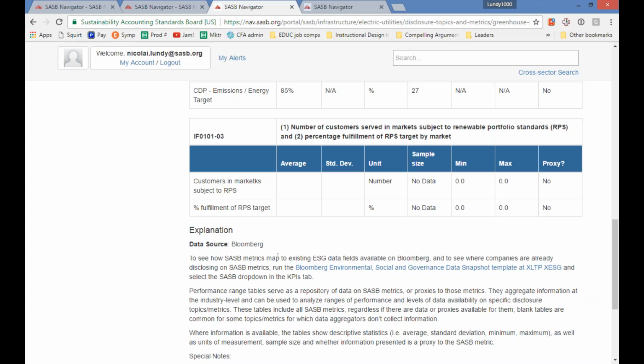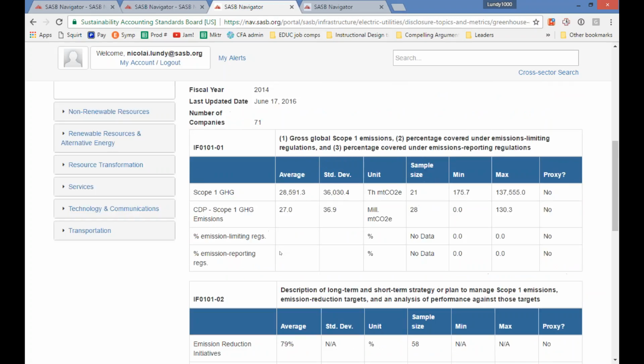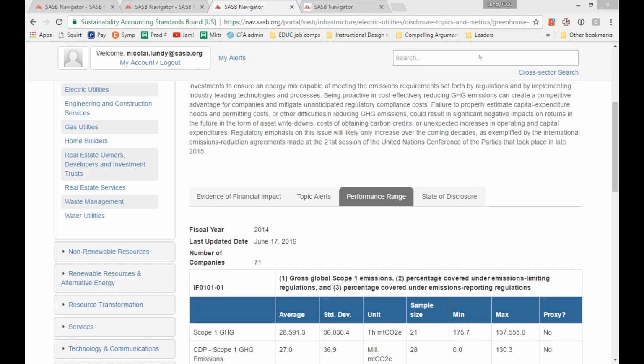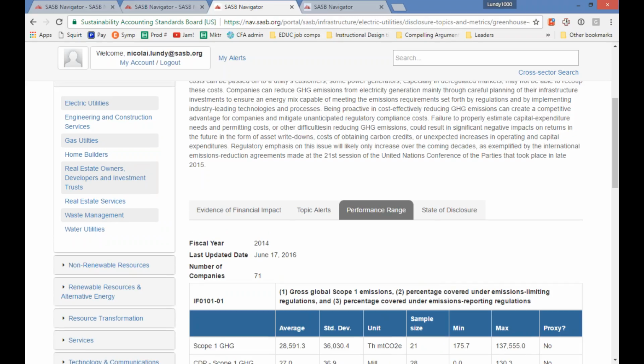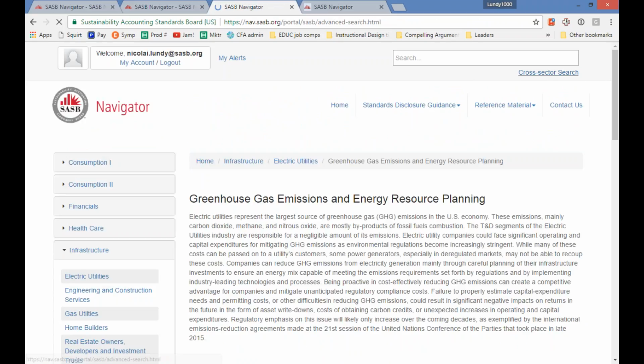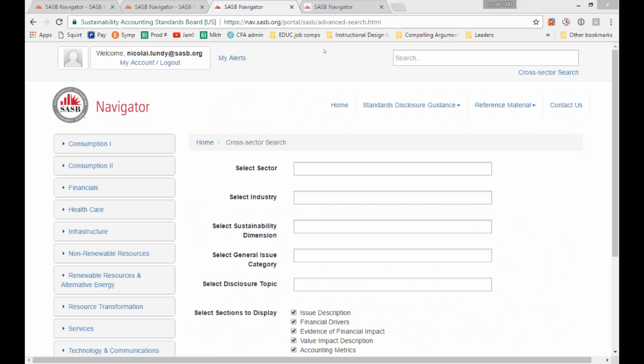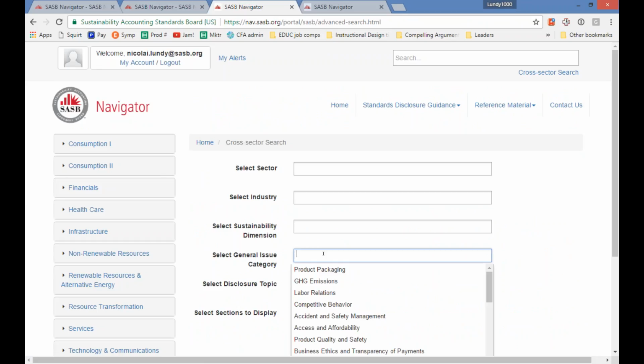So those are for people who want to look at the company level as to what data is actually being reported. But if you want to see how that performance ranges from industry to industry, this is where you can start to do some interesting comparisons and see how this is being captured and what the industry profile looks like across several industries.